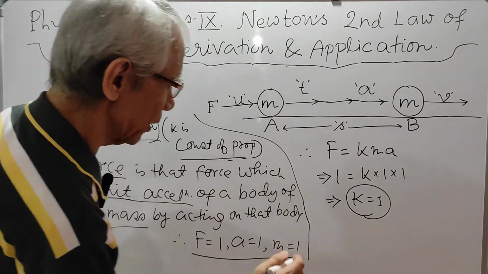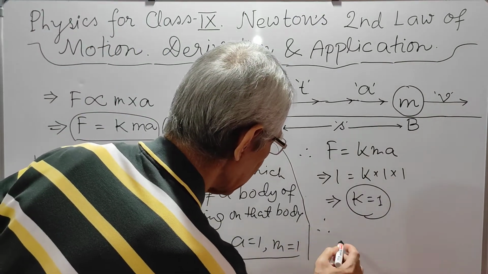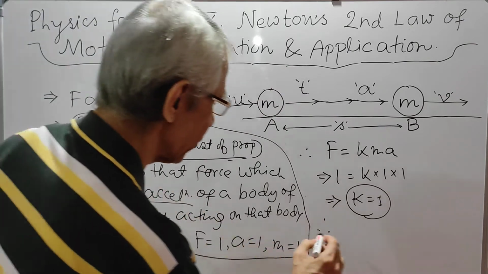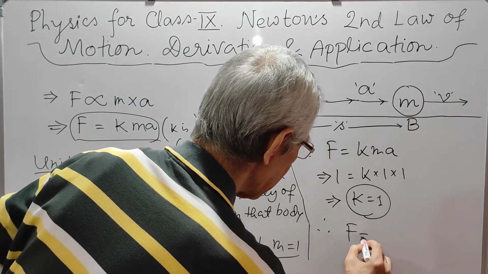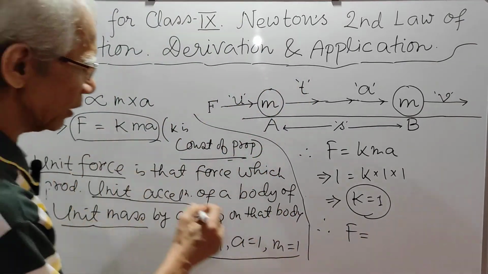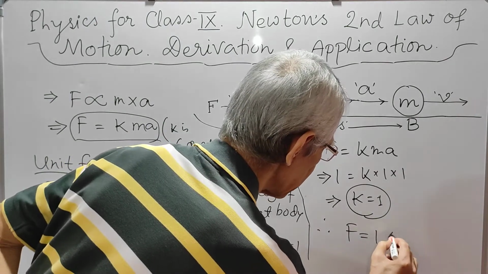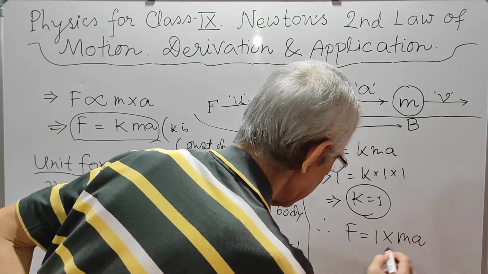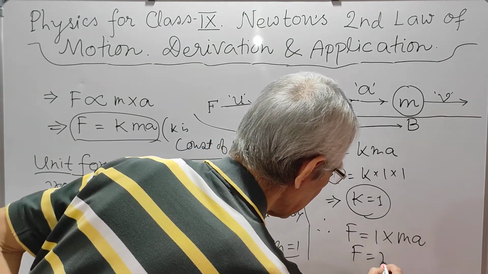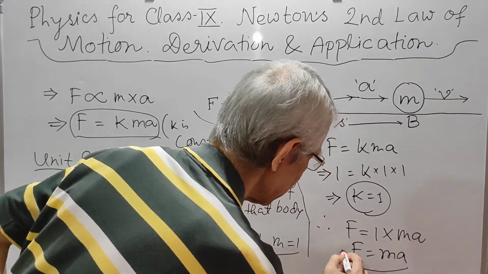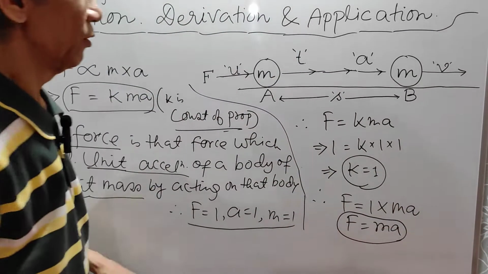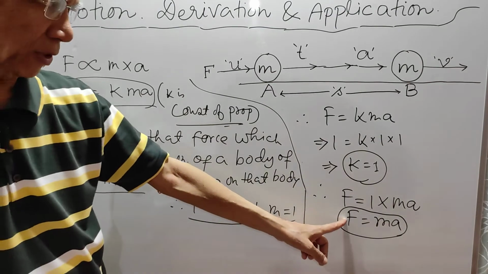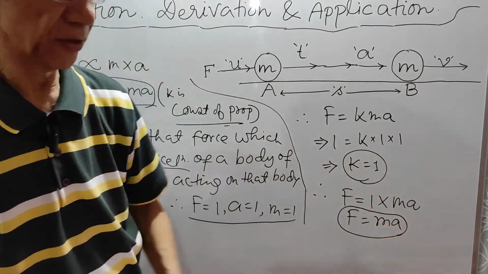Let me write here. Therefore, we get F equal to, now putting the value of K as 1, 1 into MA. That means F equal to MA. So this is the formula for Newton's second law. That means force equal to the product of mass and acceleration.